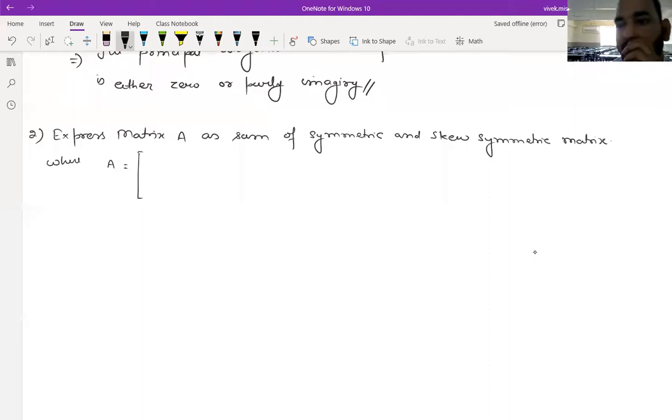Totally 1, 2, 3. फिर नेक्स्ट A 1 2 3, 4 5 6 नीचे। तो बोलो ना फर्स्ट रो 1 2 3, सेकेंड रो 4 5 6, थर्ड रो क्या है? 7 8 9. ओके.